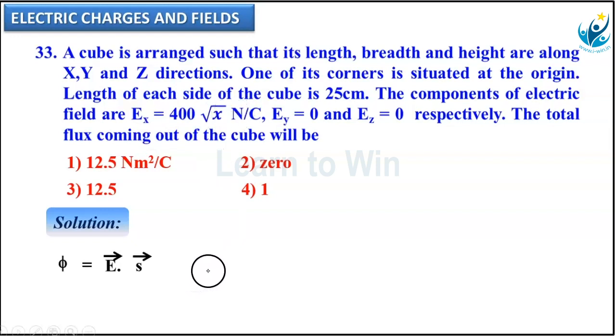S bar is the area vector. At what distance are we going to calculate? At x equal to 25. Why? Because the length of each side of the cube is 25 centimeter and one of its corners is situated at the origin, meaning the other end is at a distance of 25 centimeter from the origin.